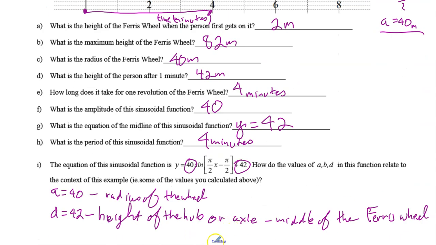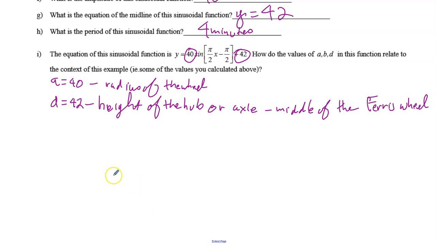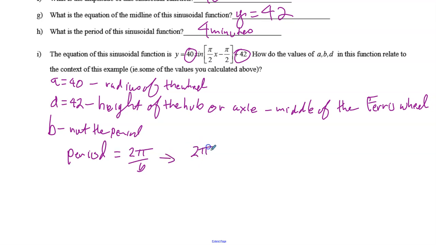Now the B value, so I'm going to extend the page. So B, not the period, right? B is not the period. But if I have a B value and I want to get the period, it's 2 pi over B. So for us, it's going to be 2 pi over 2.